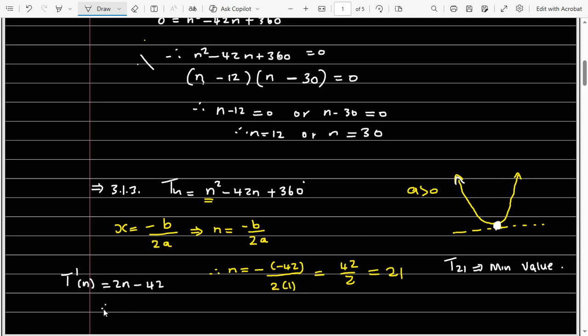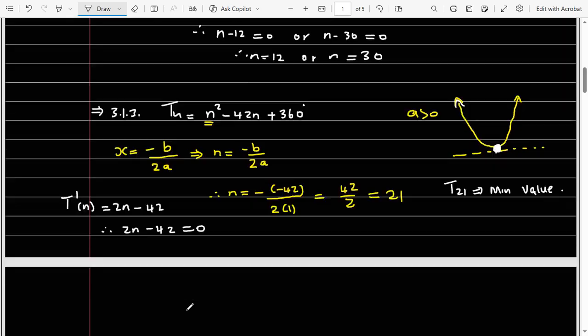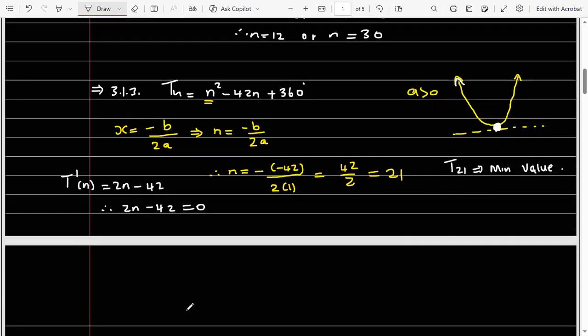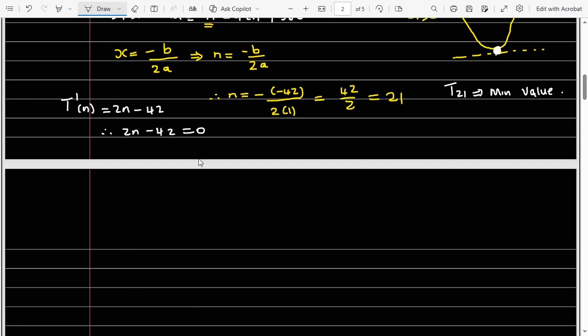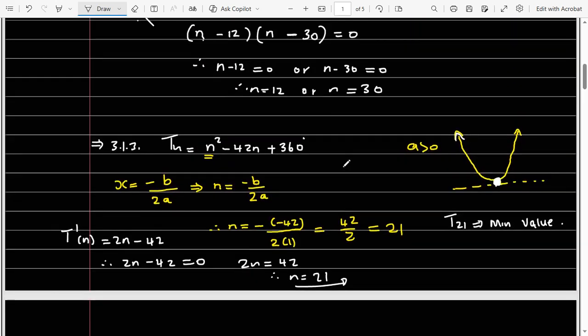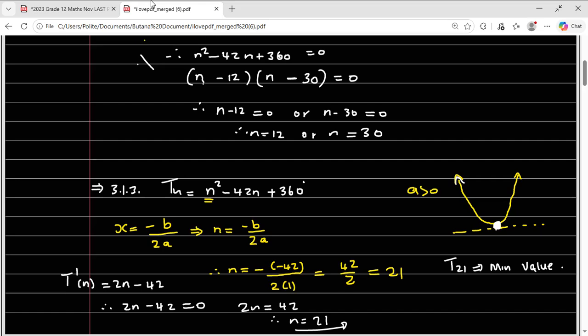Then we equate the derivative to 0 and solve. So we get 2n equals 42, therefore n is 21. So T21 is the one that has the lowest, minimum value. I hope you understand how this works.